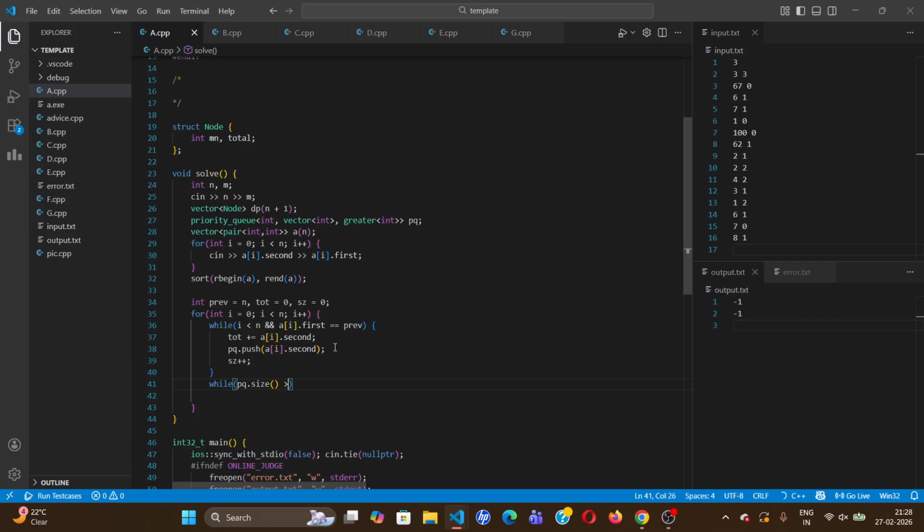Greater than, we can set greater than value in value can be previous. Previous value, then yeah.